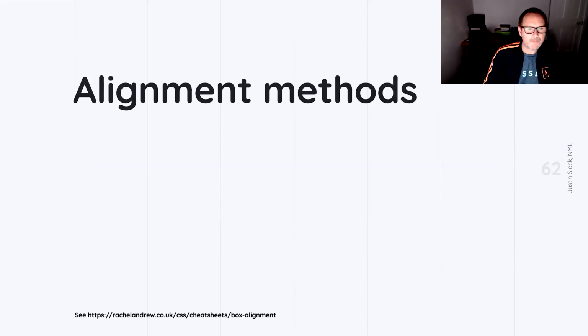Right, so, just before I go into this, I'm indebted to Rachel Andrew, the link here on box alignment. I think all of us are indebted to Rachel Andrew for the work she's done on Grid and Flexbox, and as part of the CSS working group. So alignment occurs on 2 axes.